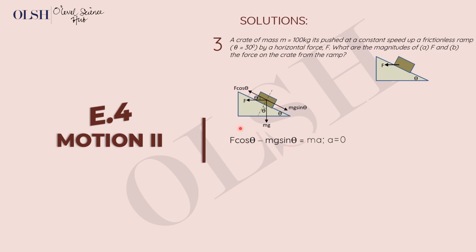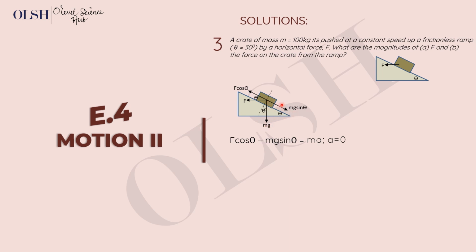F cos theta comes from the fact that we need the horizontal component of this F force. So the angle F makes with the x-axis is obviously theta. So we get F cos theta for this horizontal force. While for mg, we're looking for the horizontal effect of mg on this body.